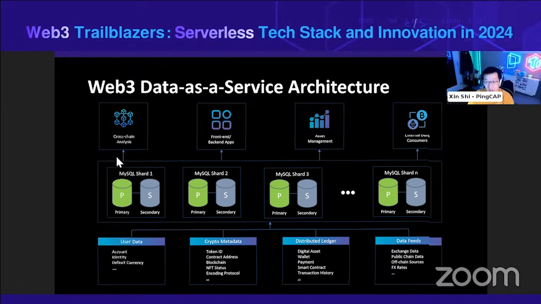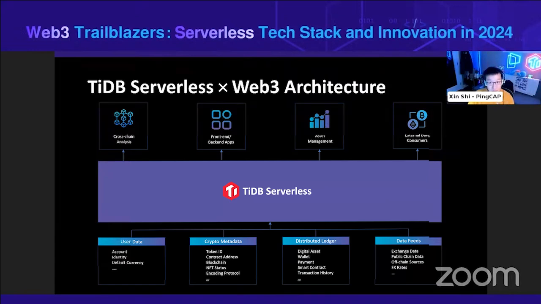But again, with TiDB Serverless, given its built-in scalability, we can serve your workload demands. TiDB acts as the unified platform that seamlessly manages the data scalability and availability needs for your Web3 applications without the overhead of maintaining multiple database shards.